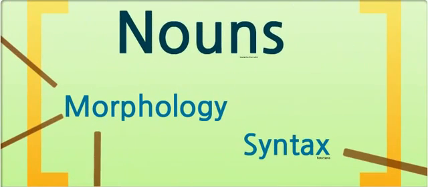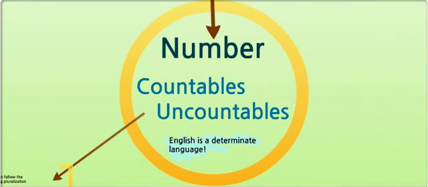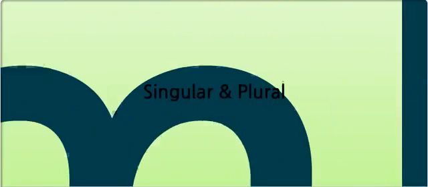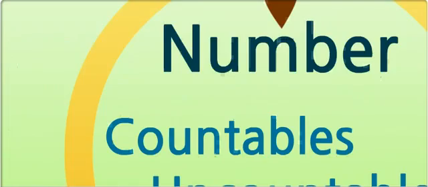Going again to morphology, it brings us the number of nouns. We can say that nouns are divided into countable and uncountable nouns, and, of course, singular and plural, but this is not the most important thing.